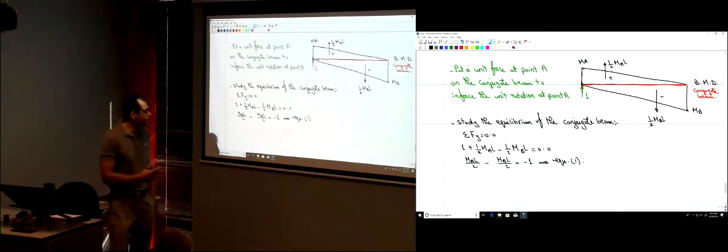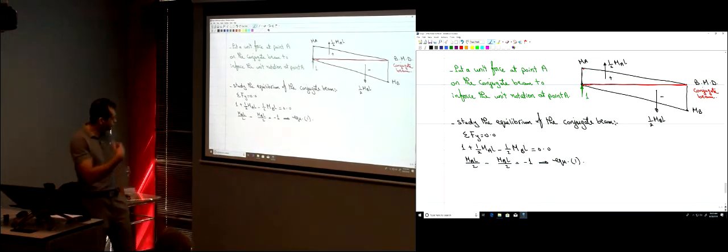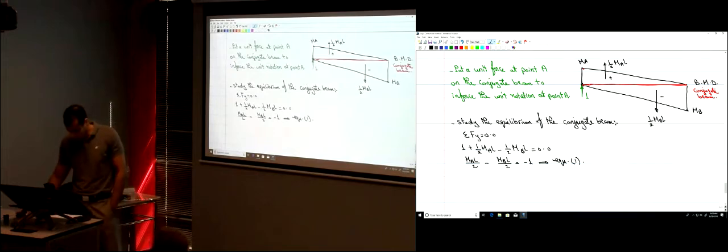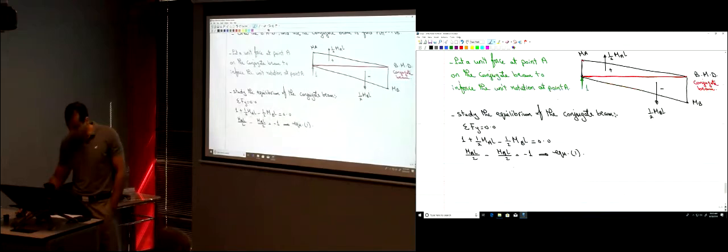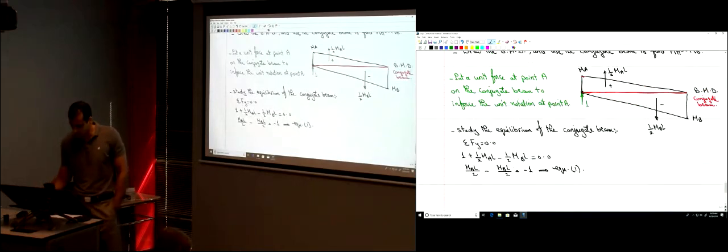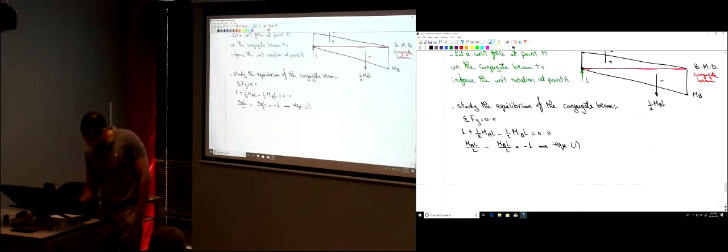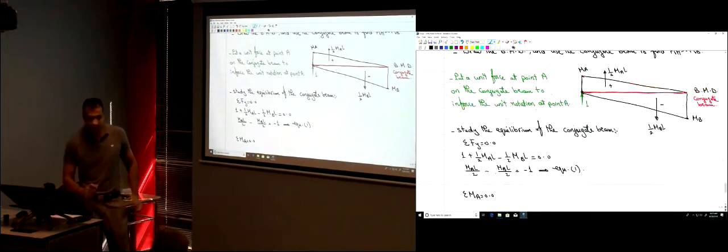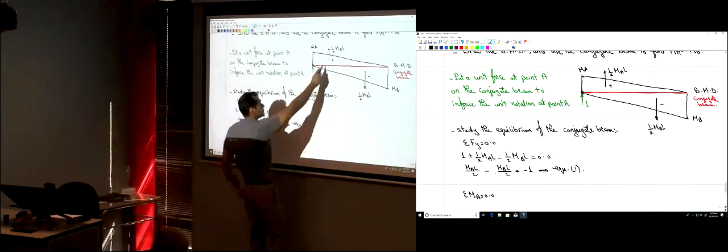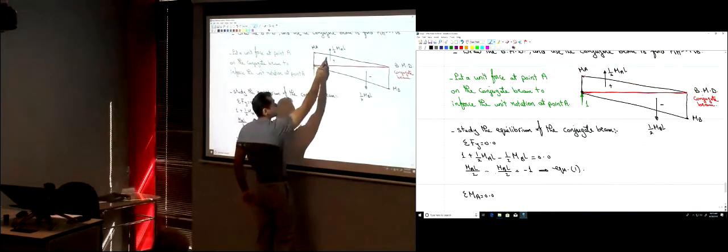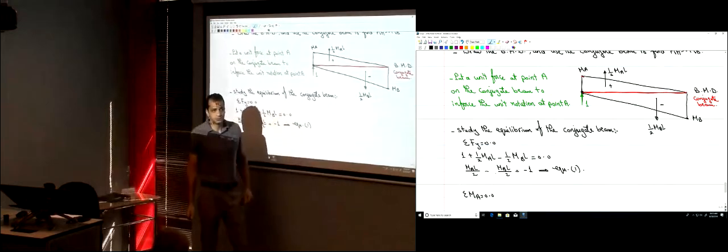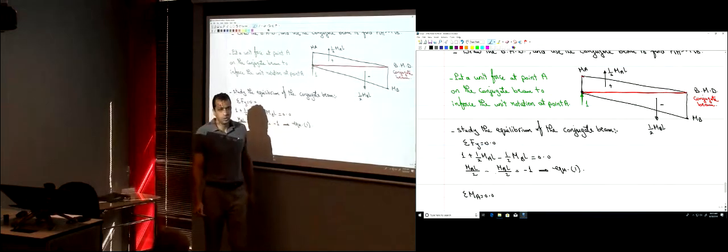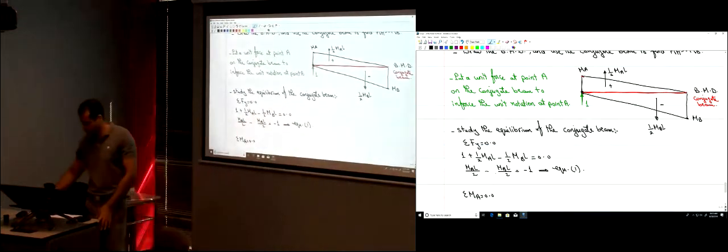I need another equation in MA and MB, to solve with this equation and find how much is MA and MB. So what I'm going to do here, I'm just going to take the moments about point A. The summation of the moments about point A is equal to 0. So here we have 1/2 MA L, this force, times this distance. How much is this distance? 1/3 L. Okay?